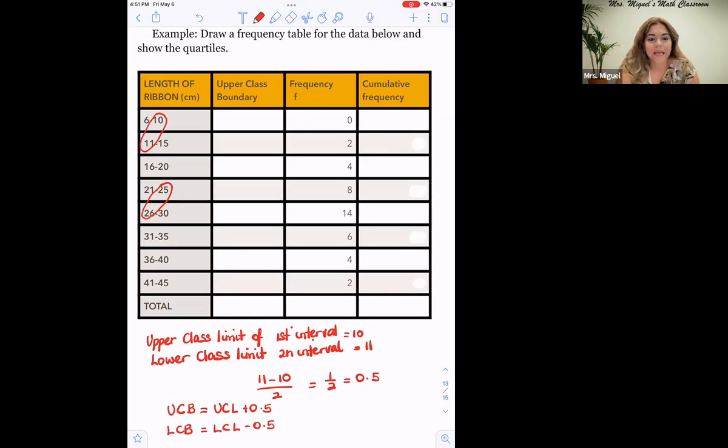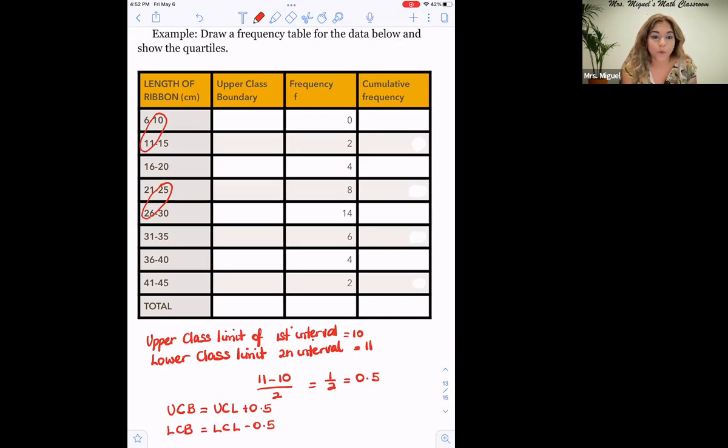But what exactly does this mean? If we have to cut ribbon in centimeters, and say for instance there's an error of measurement, you cut a length of ribbon that's 10.1 centimeters. You cannot discard that piece of ribbon.